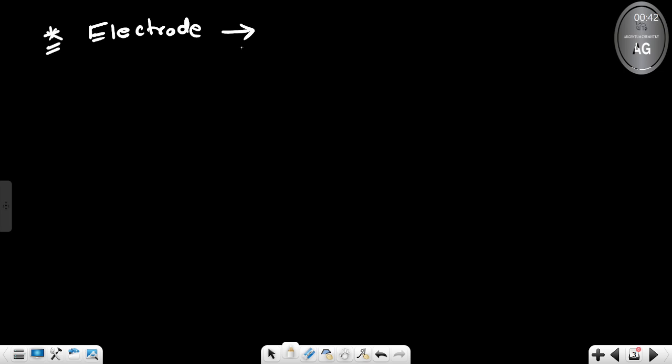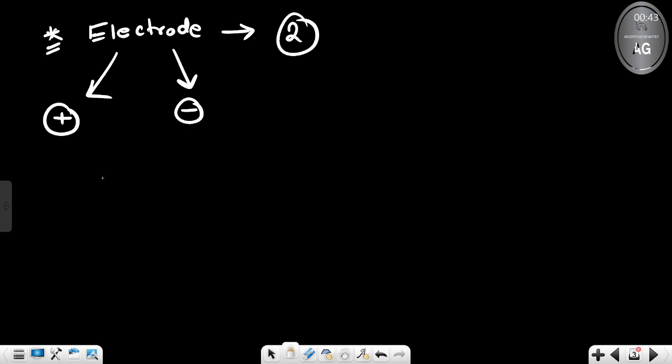The transfer of energy, that is the transfer of electrons, will occur at both electrodes. In a particular electrochemical cell, there are always two electrodes, one positive electrode and one negative electrode.